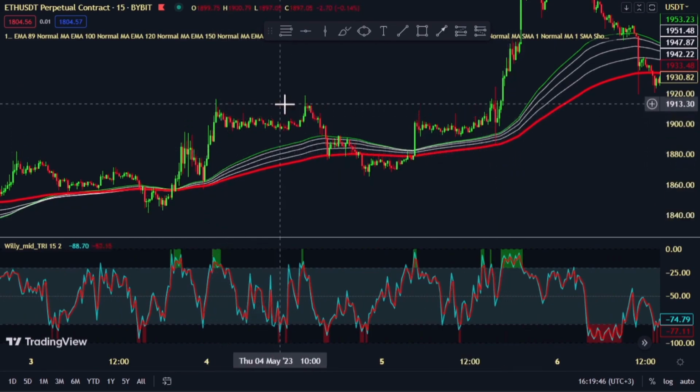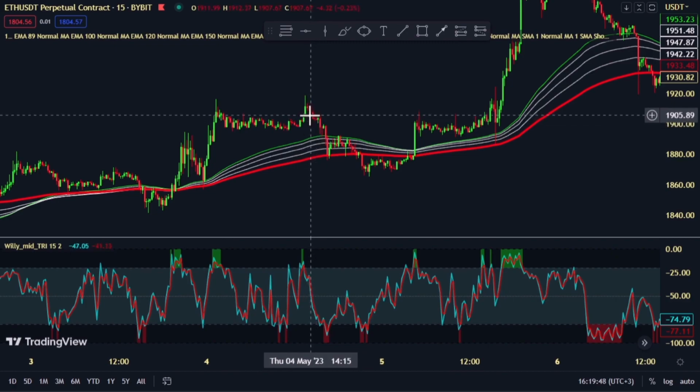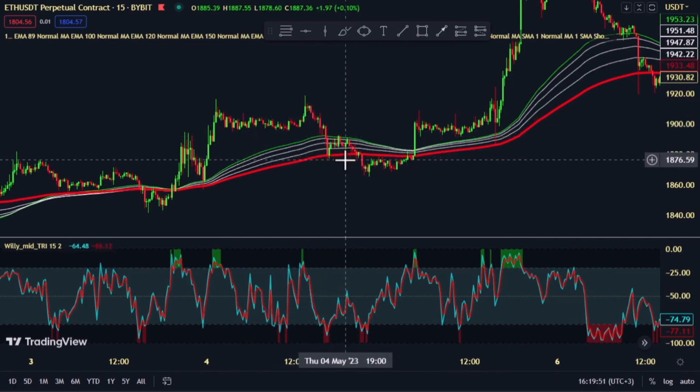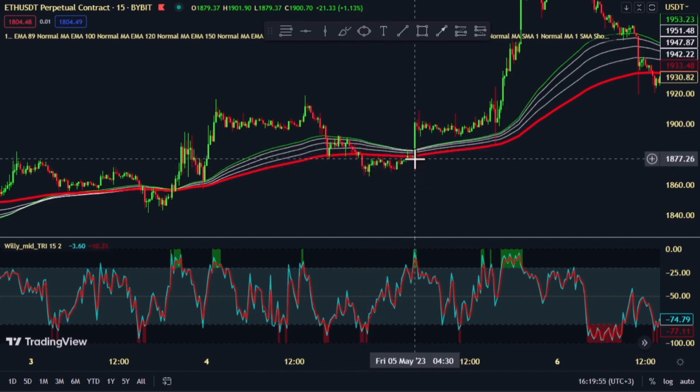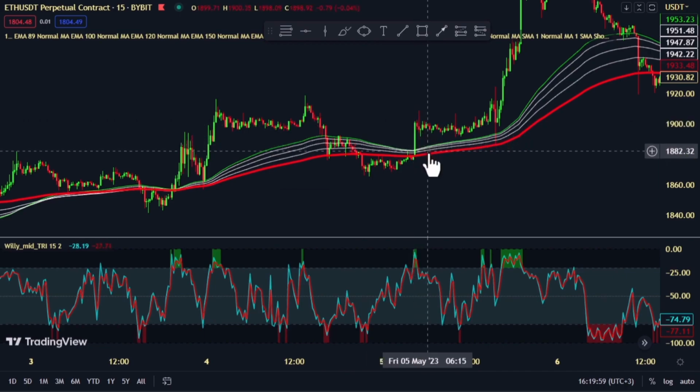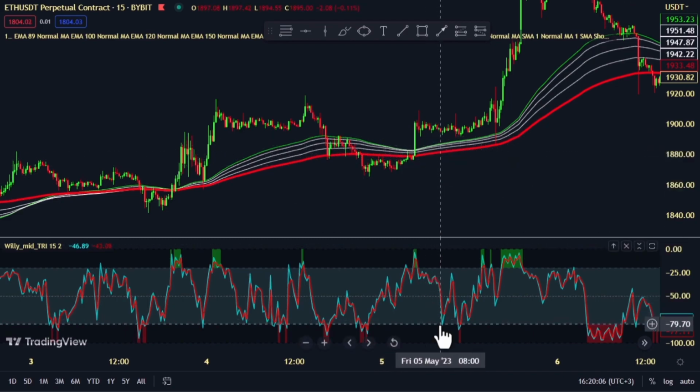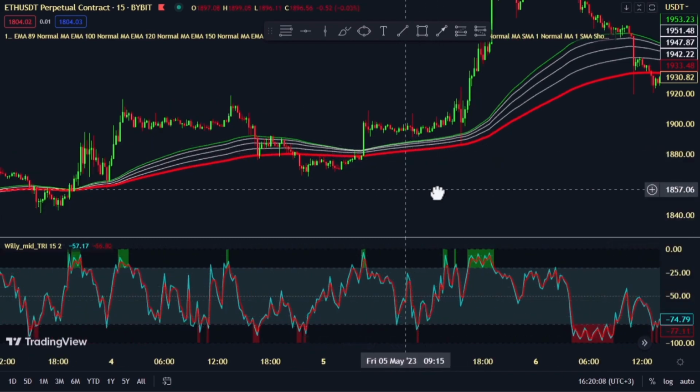And in this case here, we don't take a short trade because the price is above the EMAs, then it was overlapping with the EMAs, so no. And then here, the price went above them. The green is above, the red is on the downside, but we must wait for a pullback or a confirmation signal from our Williams indicator down here.